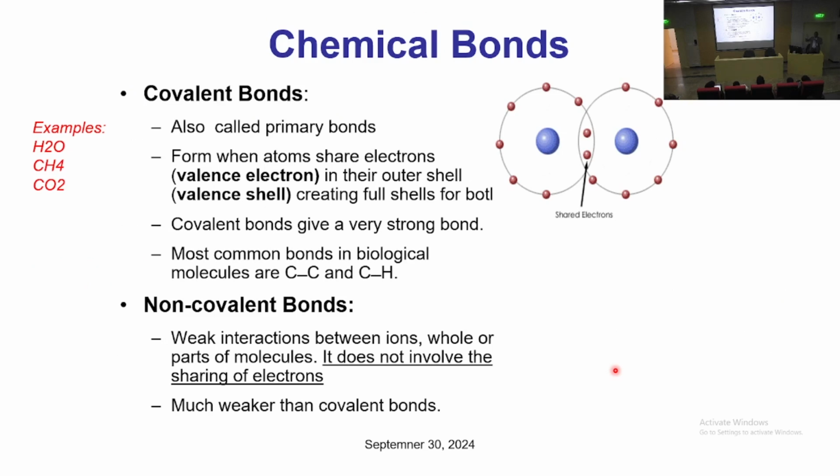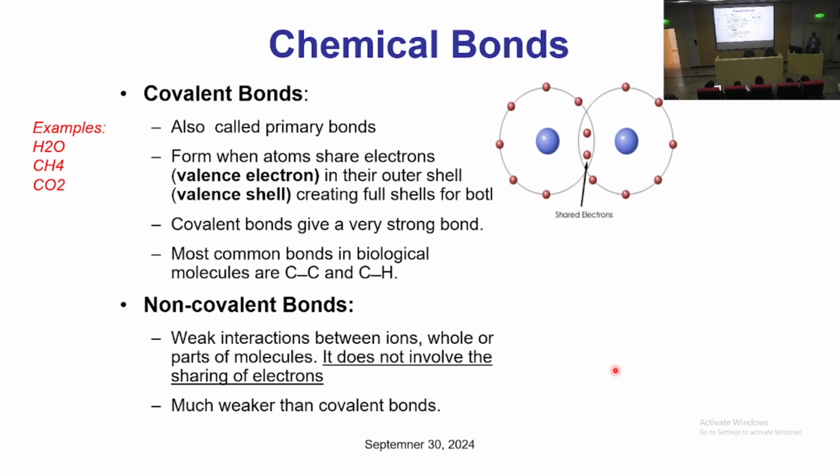After talking about the different constituents of the atom, how they are arranged, and how different atoms try to reach stability by either sharing, giving or accepting electrons, we will go to the second part of this talk, which is chemical bonds.